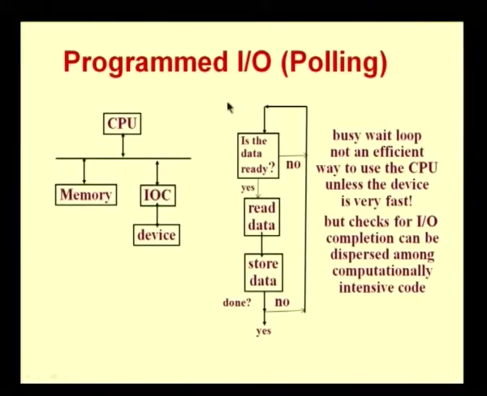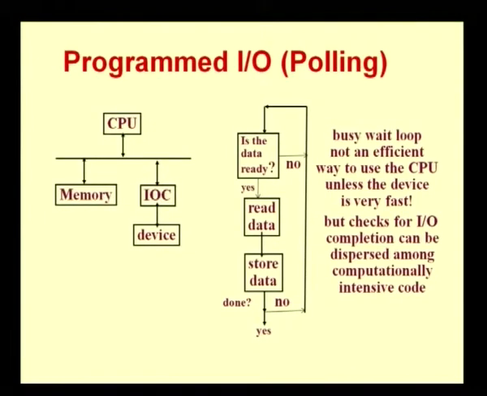So, what we normally do when using polling is, if there is some other computation intensive code that needs to be done, you execute that code and periodically come back and check whether the data is ready. In those cases you can make use of a polling based technique. But it can be very slow, which is why we have better techniques like the interrupt based techniques, which we will look at in later classes.